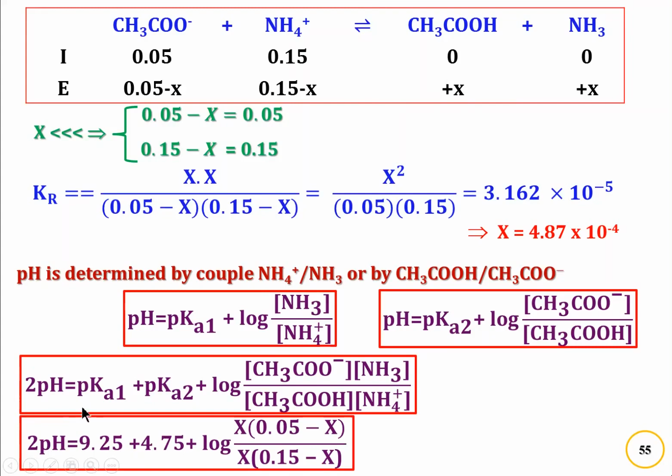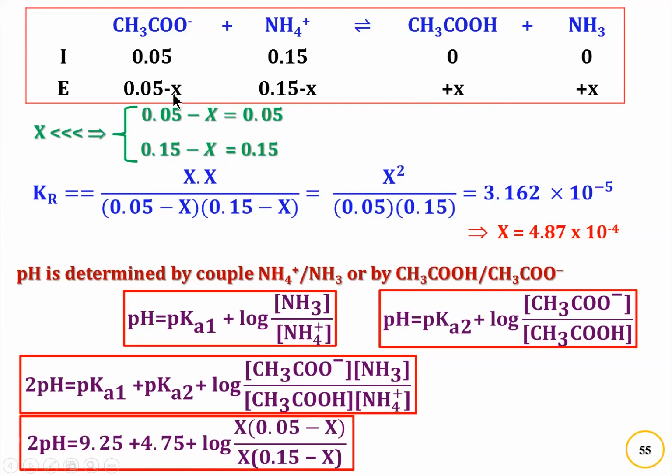So pH equals pKa1 9.25 plus pKa2 4.75 plus log of acetate times NH3.